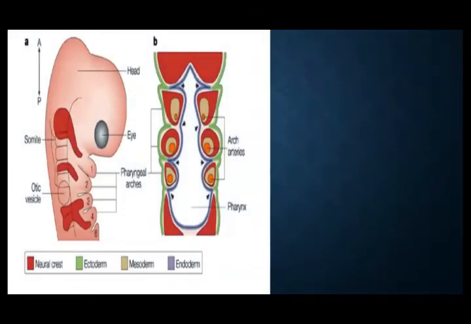So this is one of the images just to give you an idea what is the location of these three different layers, that are the ectoderm, mesoderm and endoderm. ठीक है, और इसी तरह से internally आपको वो दिखा रहा है what is the location of the neural cluster cells.